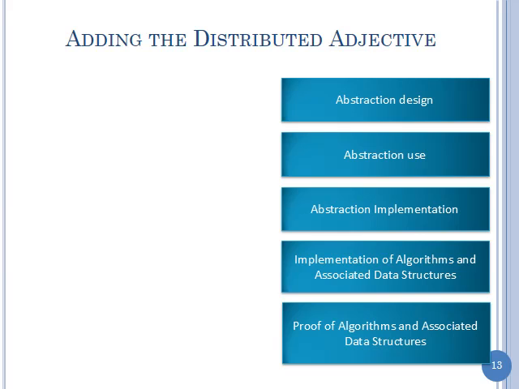Distributed abstraction, design of distributed abstractions, the usage of distributed abstractions, the implementation of distributed abstraction, right? What are interesting algorithms and data structures that you wouldn't need in non-distributed programs that you would need in distributed programs? What are some classic ones? And what kind of proofs can you write? So there's a big design space.